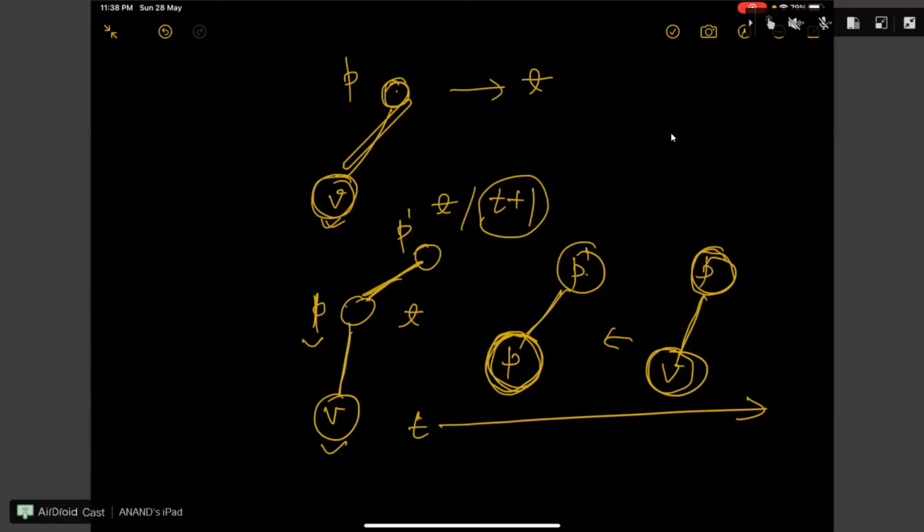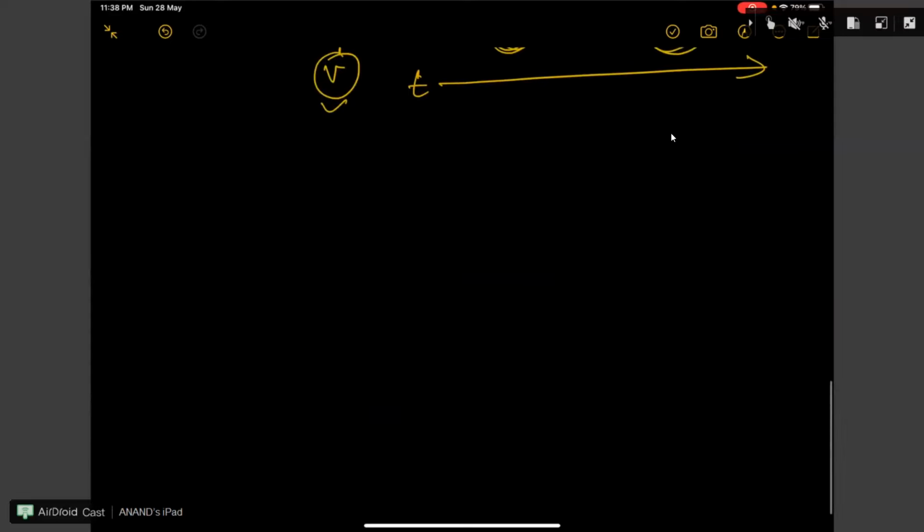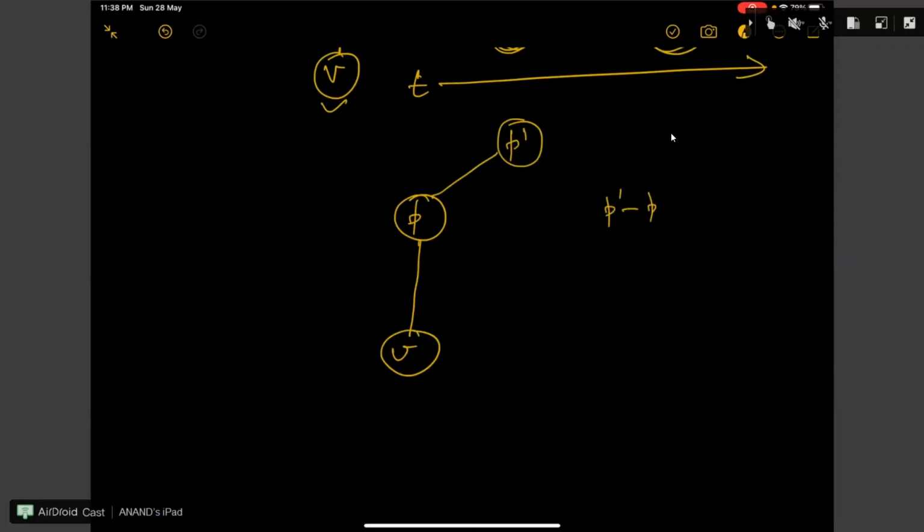Basically there are only two cases. If this is the parent and this is the child, let's say the parent of p is p dash. If the edge p dash p is coming before the edge pv, then they will be drawn at the same time. Otherwise, if p is drawn at t, then v will be drawn at t plus 1.